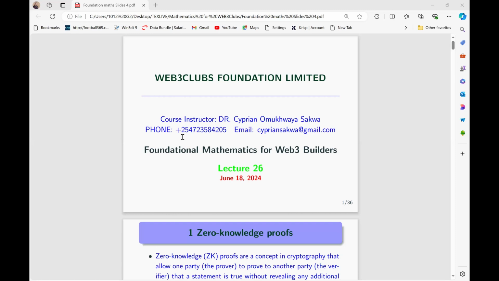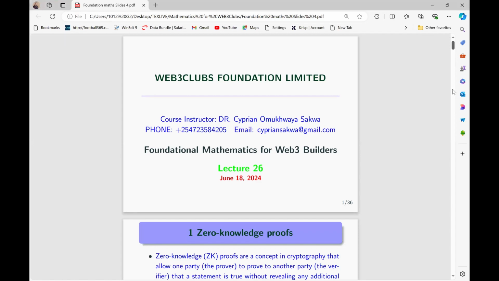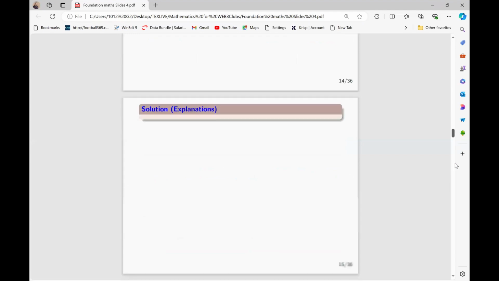Yesterday we began looking at zero knowledge proofs and went through some examples. Today we want to continue the same zero knowledge proofs.